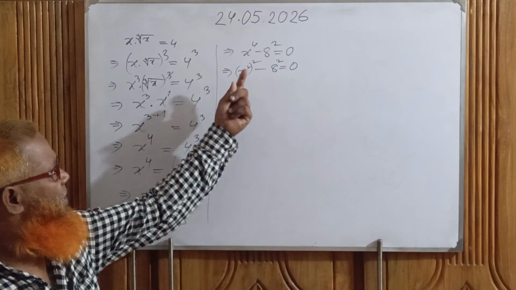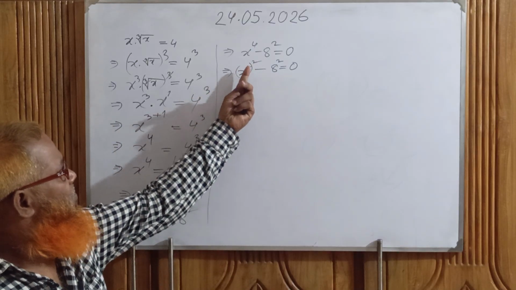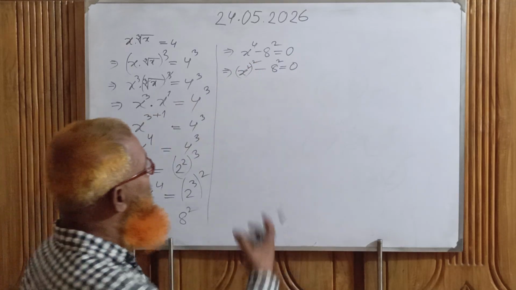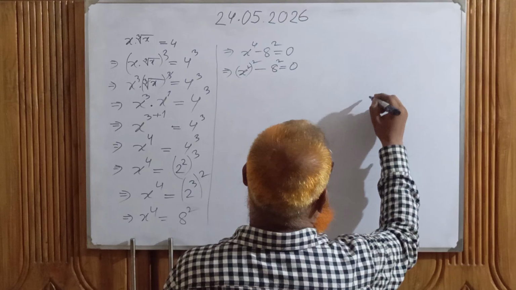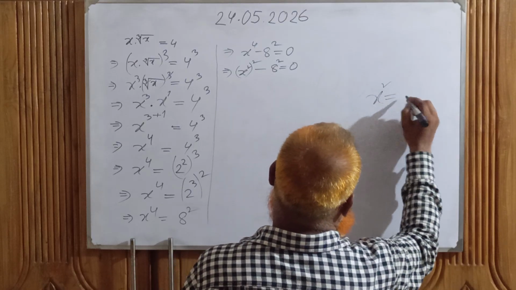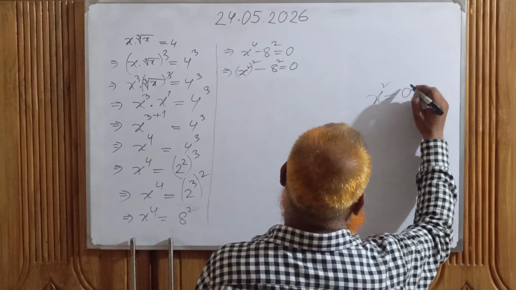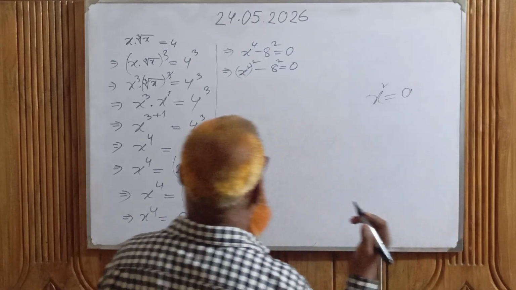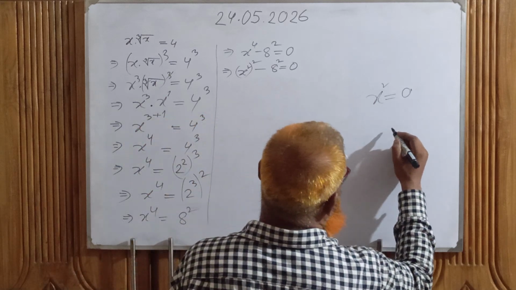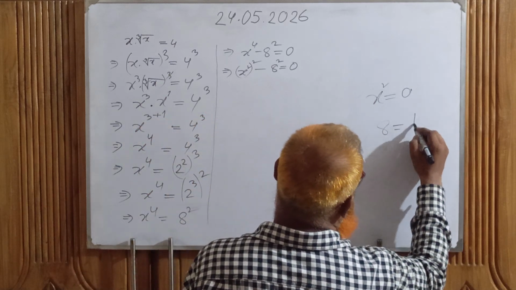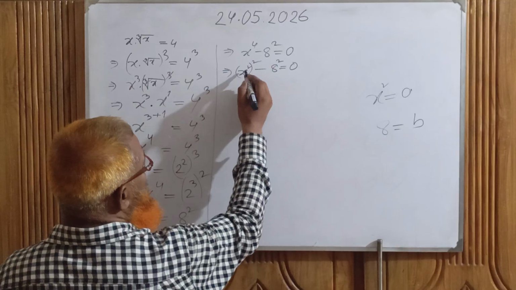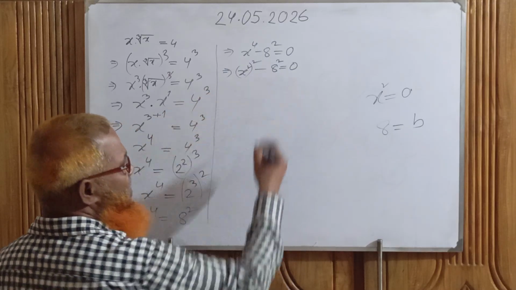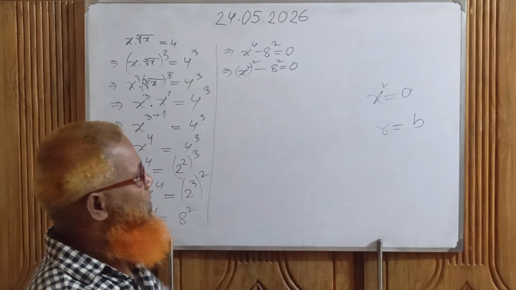We have noticed here x square squared minus 8 square. Suppose x square equals a and 8 equals b. That is x square equals a, and 8 equals b, so a square minus b square.